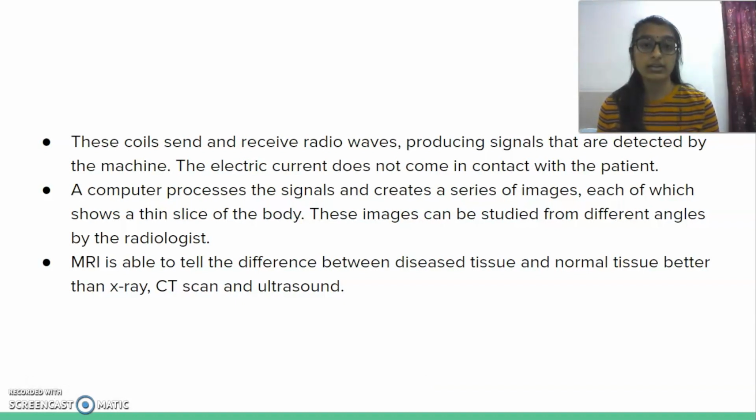The electric current does not come in contact with the patient. Then a computer processes the signals and creates a series of images, each of which shows a thin slice of the body. These images can be studied from different angles by a radiologist. MRI is able to tell the difference between diseased tissue and normal tissue better than X-ray, CT scan, and ultrasound.